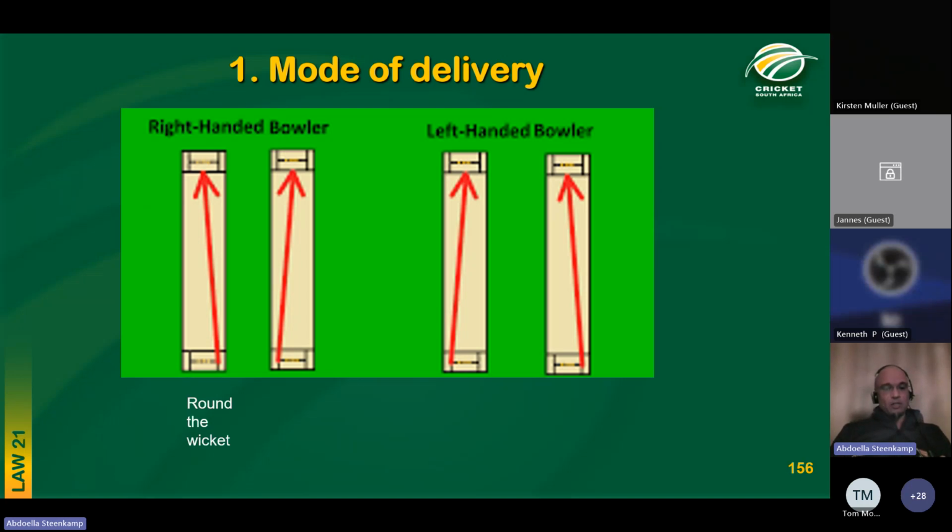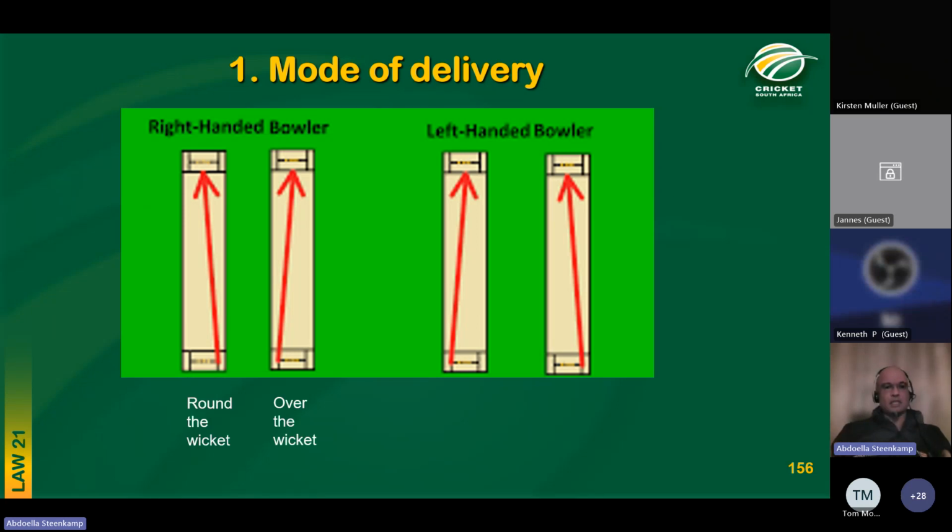If the bowler's bowling arm is further away from the wicket, that bowler is bowling around the wicket. If the bowler's bowling arm is closer to the wicket, the bowler's bowling over the wicket.